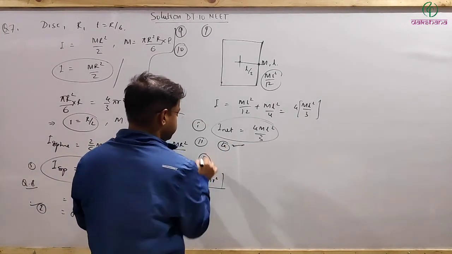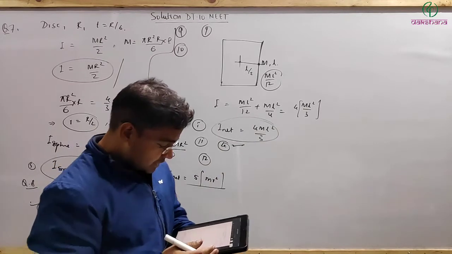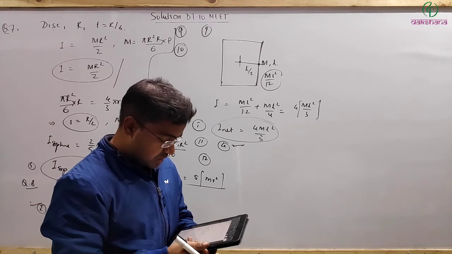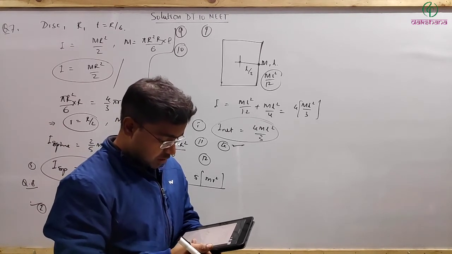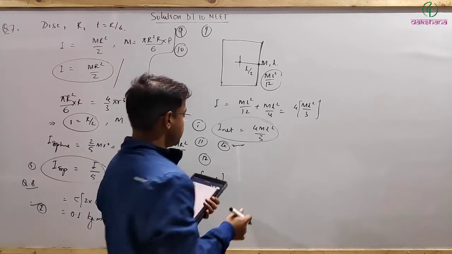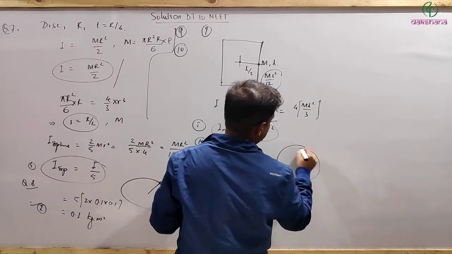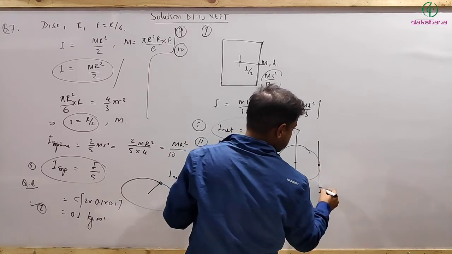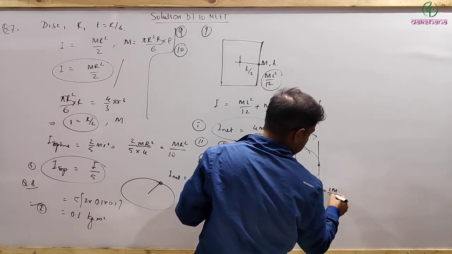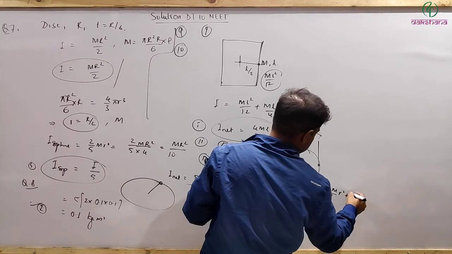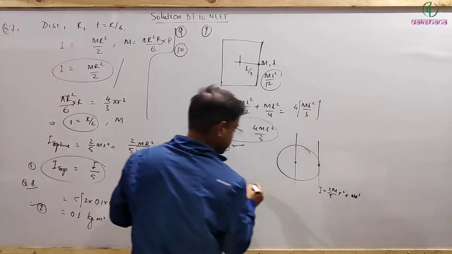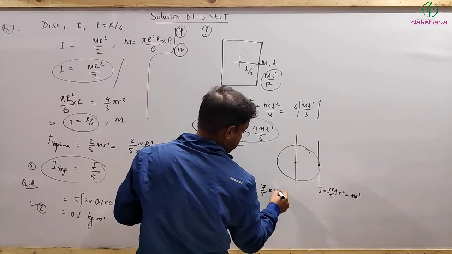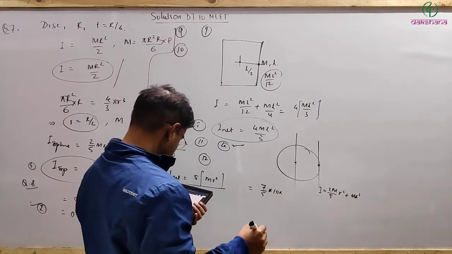Question number 12. A sphere of mass 10 kg and radius 0.5 meter rotates about a tangent. The moment of inertia of the sphere, तो इस केस में sphere है, ठीक है ना, moment of inertia about tangent हो जाता है, I about this will be equal to 2 by 5 m r square plus m r square, so that will be basically 7 by 5, mass कितना है 10 into r square is how much?